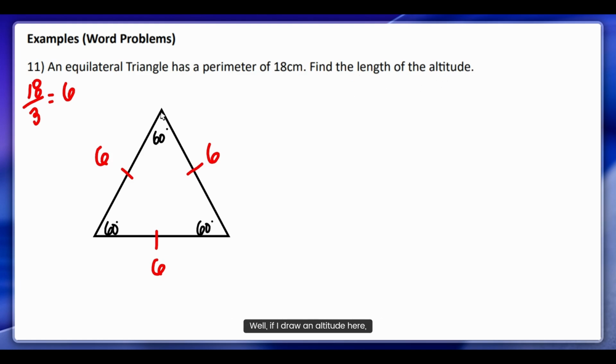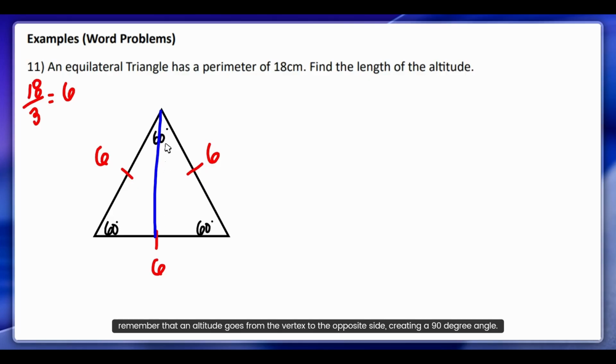Well, if I draw in an altitude here, remember that an altitude goes from the vertex to the opposite side, creating a 90-degree angle. Now, this part is extremely important. I'm not going to write it out, but I am going to talk about it. Whenever you drop in an altitude in an equilateral triangle, that altitude bisects the angle, right?